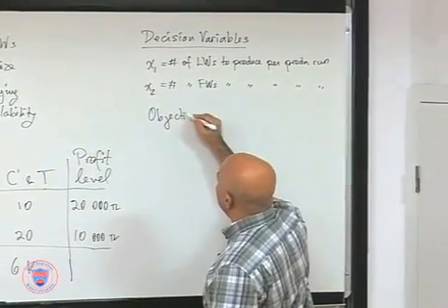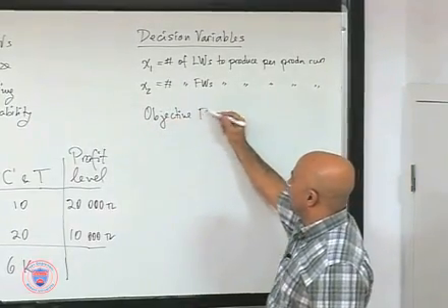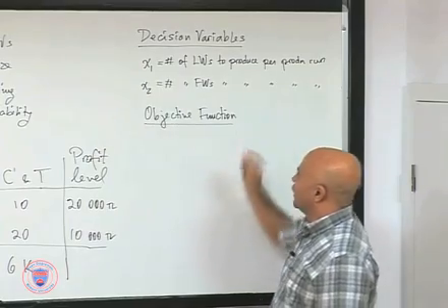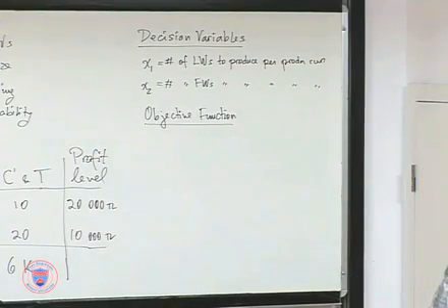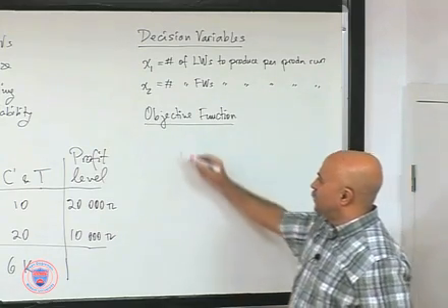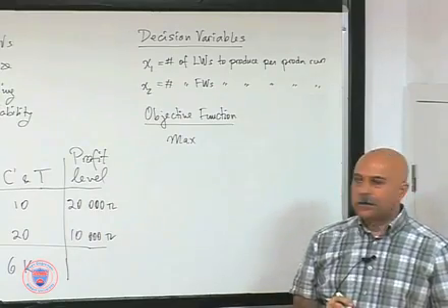I'm going to first write down what I call the objective function for this problem. It is what you want to maximize or minimize in a given problem. In our case, of course, what do we want to maximize? We want to maximize the total profit.